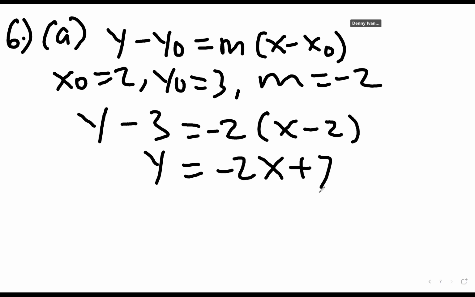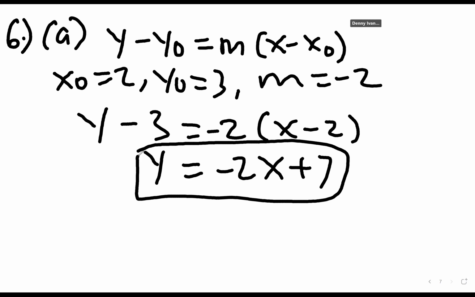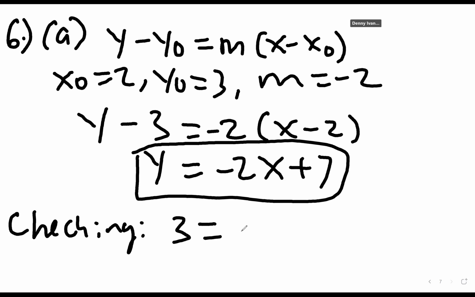Of course, we may verify our answer by checking, for example, if I put y0 equals 3, then 3 equals minus 2 times 2 plus 7, and this is actually correct.